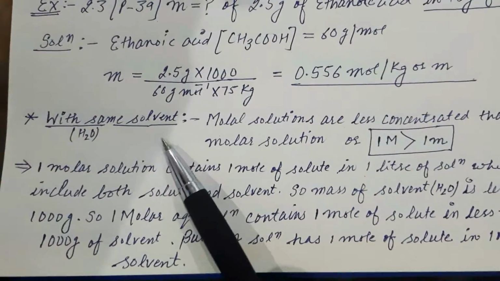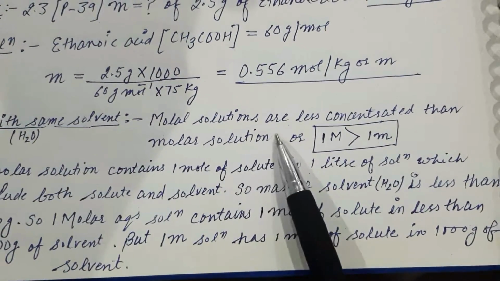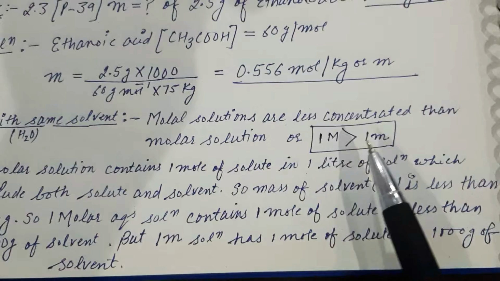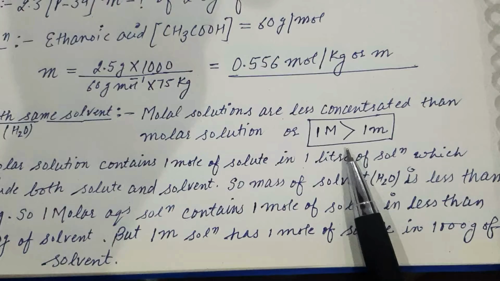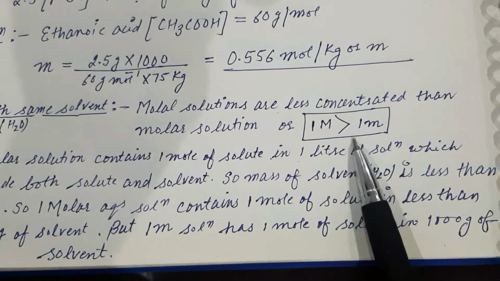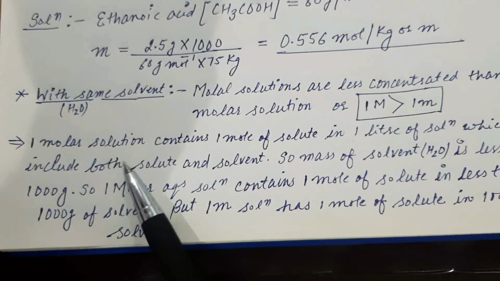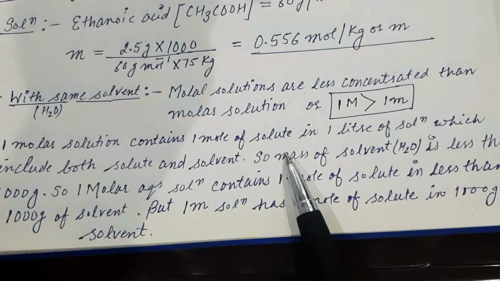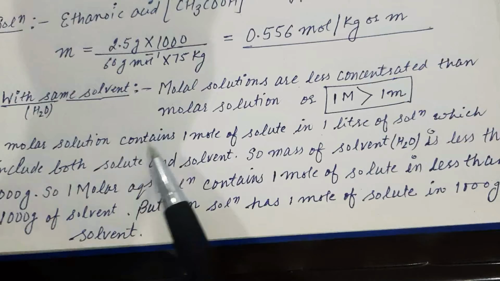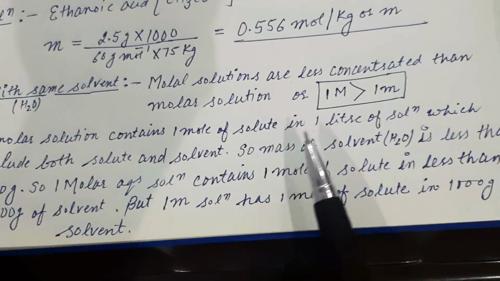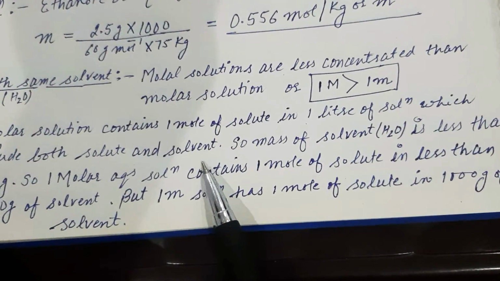Next important topic: with the same solvent, may be water, molar solutions are less concentrated than molal solutions, or we can say 1 capital M is less concentrated than 1 small m. A 1 molar solution contains 1 mole of solute in 1 liter of solution, which includes both the solute and solvent.